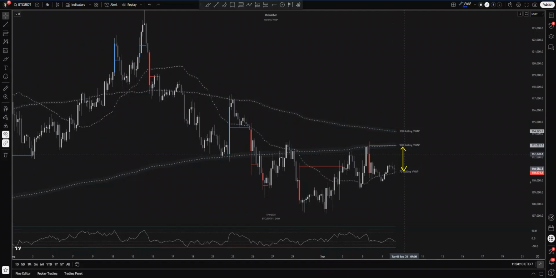Here you can also see a not as clean but also a great reaction on the 7-day. It deviated, tried to go below, and then deviated. Now we are back testing the 7-day.